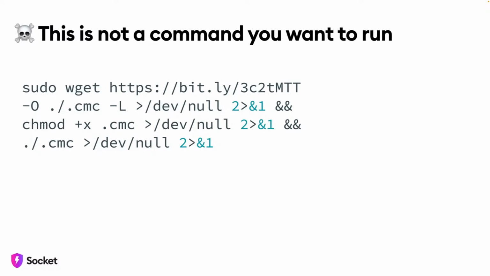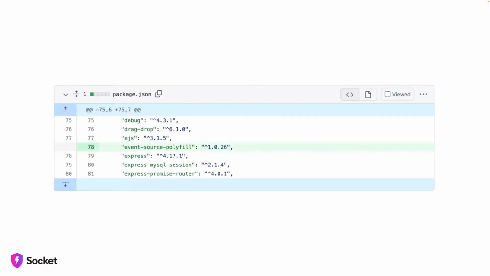Yeah. So let's talk about how Socket can help. Basically, what it really comes down to is, if you look at a GitHub pull request, you've probably seen something that looks like this diff here. There's really no feedback about what this package is going to do.